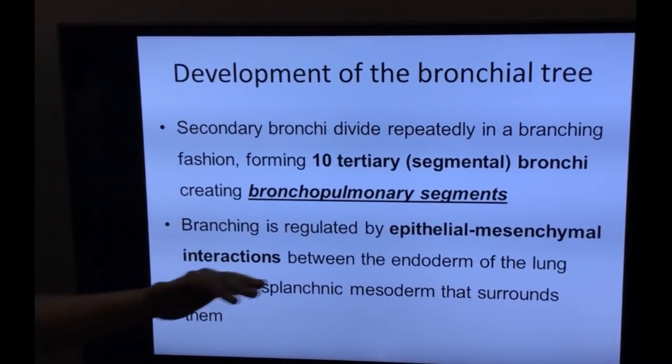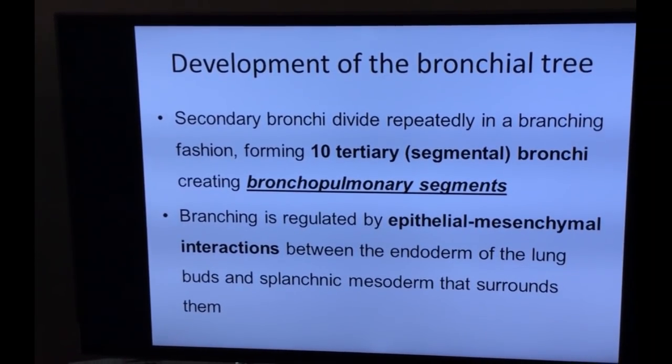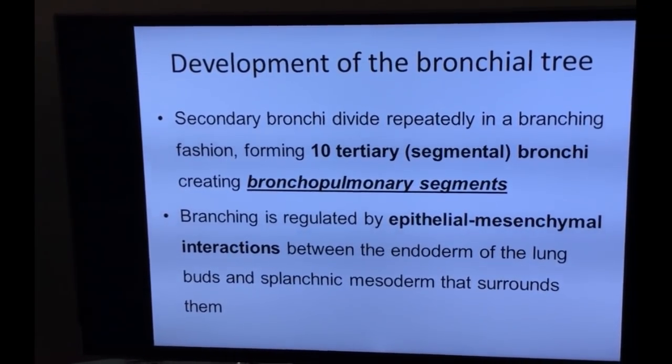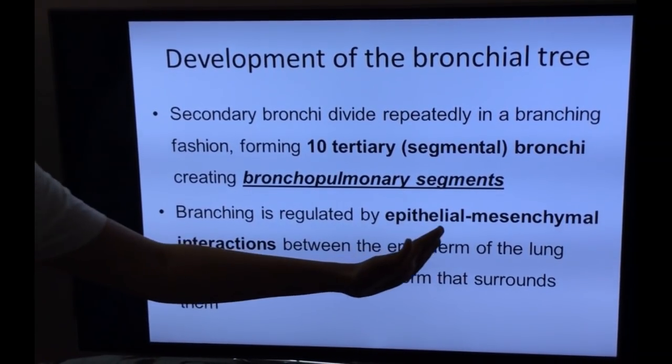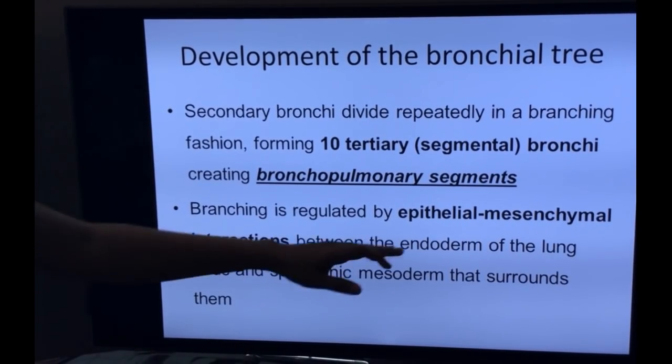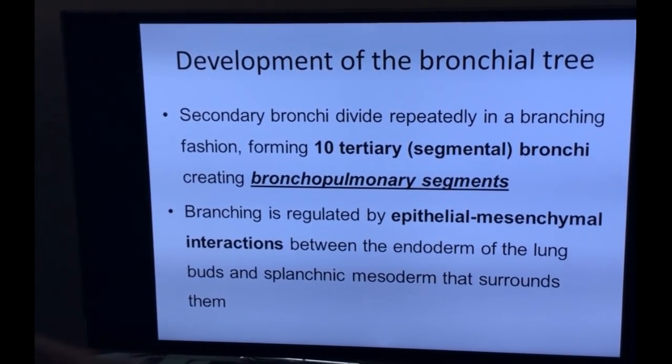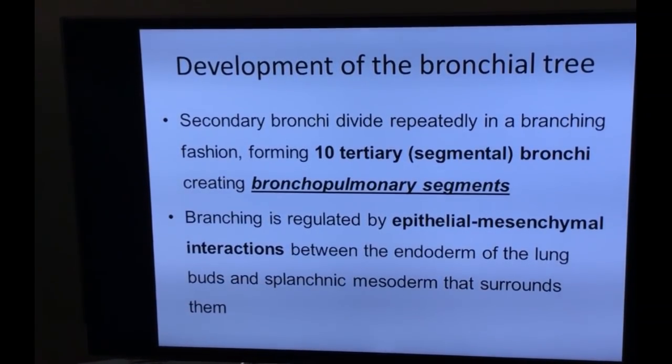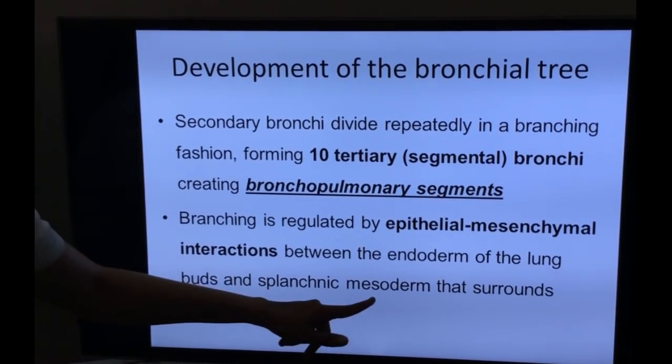This branching is mainly regulated by the interaction between the epithelial and the mesenchymal layer. You know that the epithelial layer is derived from endoderm and the mesenchymal layer is derived from splanchnic mesoderm.